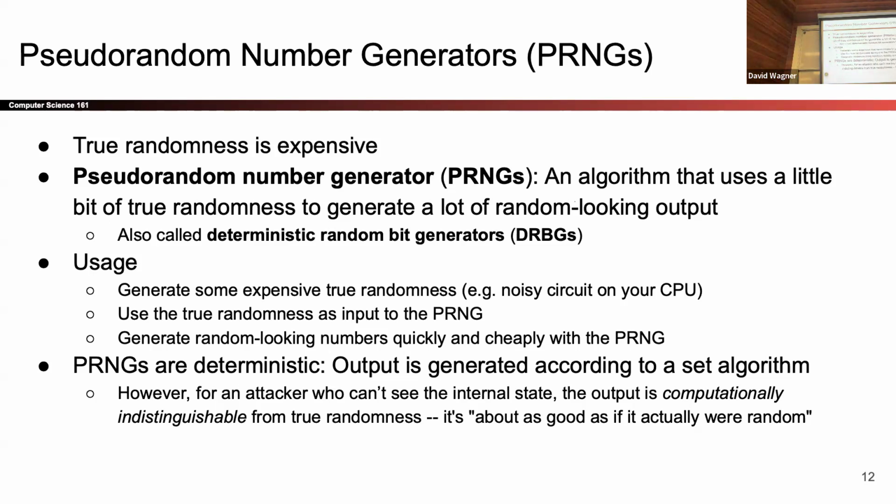And then that is the input to the pseudorandom number generator. It takes a while to generate that 128-bit seed, but we do that. Then we run the pseudorandom number generator on that input, and it outputs lots of pseudorandom values, like maybe megabytes of data, that each one looks like it was generated from a truly random process.